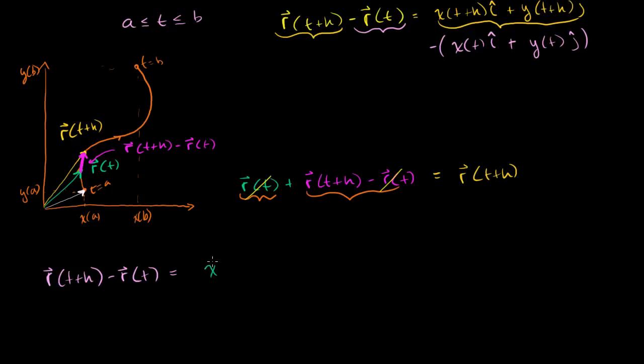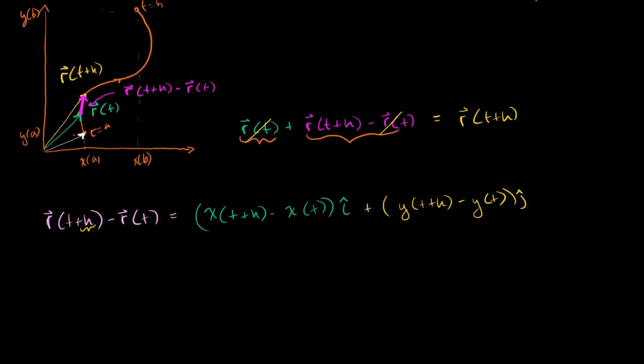So x of t plus h minus x of t, and then all of that times our unit vector in the x direction. And then we'll have plus y of t plus h minus y of t times the unit vector in the j direction. I'm just rearranging things right now. And this will tell us what is our change between any two r's for a given change in distance. And our change in distance here is h, between any two position vectors.